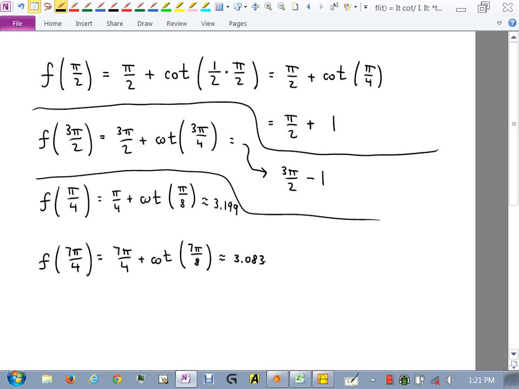It was negative, okay. And let's figure out what these are. Pi over 2 plus 1, and then 3 pi over 2 minus 1.